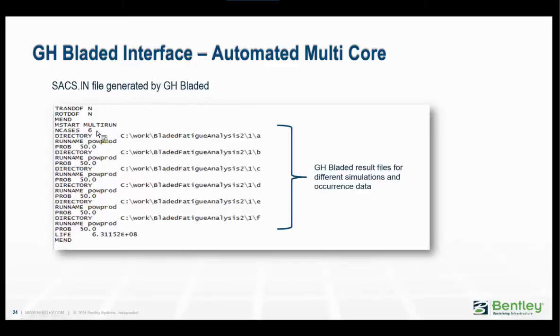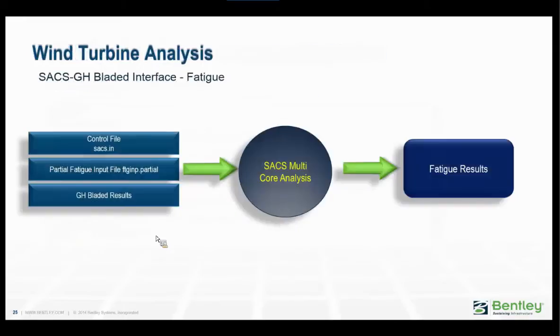In this case, we have 6, and then the location of the various simulation results, including the probability of occurrence and the actual design life given in seconds. So this is generated by GH Bladed, and SACS will use this to automate the post-processing.